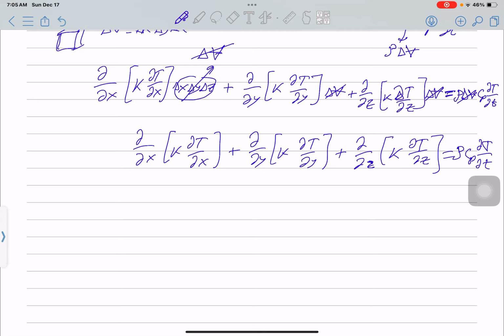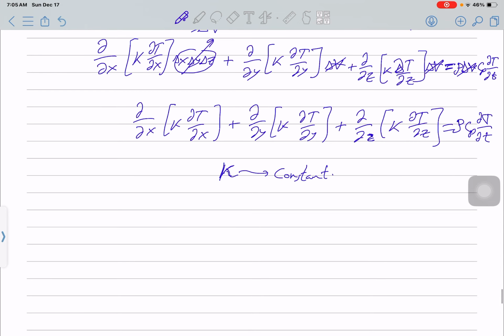If we have a material that is not strongly affected by temperature or by change in position, and we assume that k is constant for that material, we can take it out of the derivative like this, and this partial by partial will become a second derivative, partial squared temperature by partial x squared, and so on.